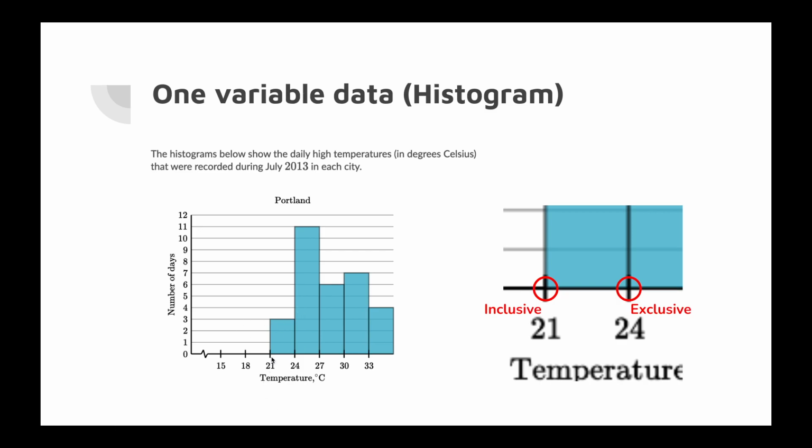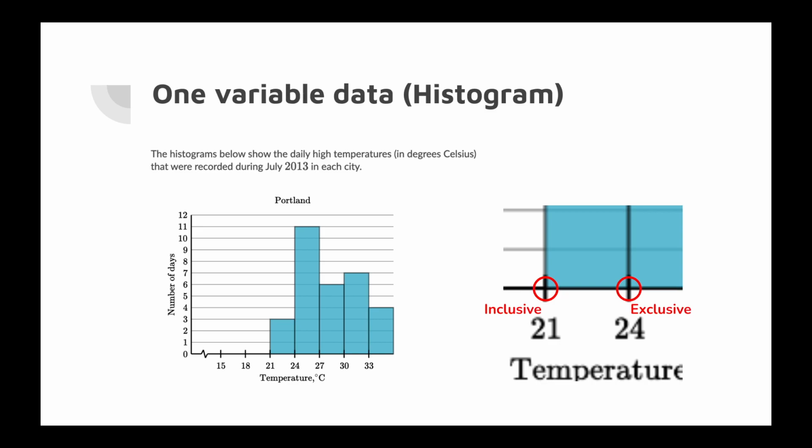It says 21 to 24. There are 3 days that belong to this group, and what these numbers represent is somewhat complicated, because let's say if we want to interpret this part where I magnified on the right part of the slide, we have to include the number that is on the left side.